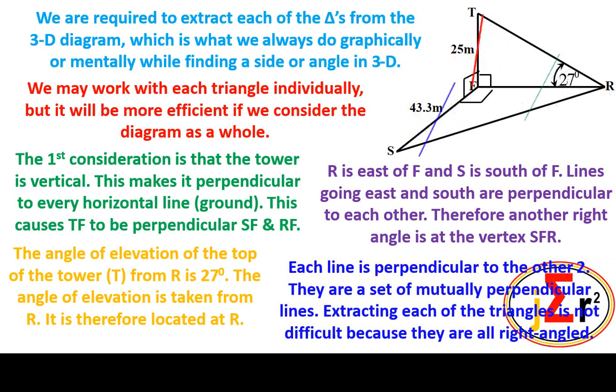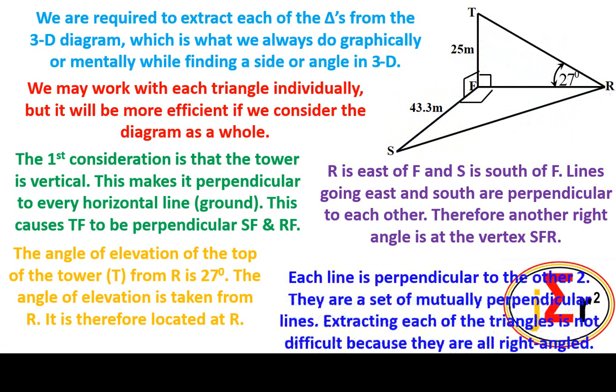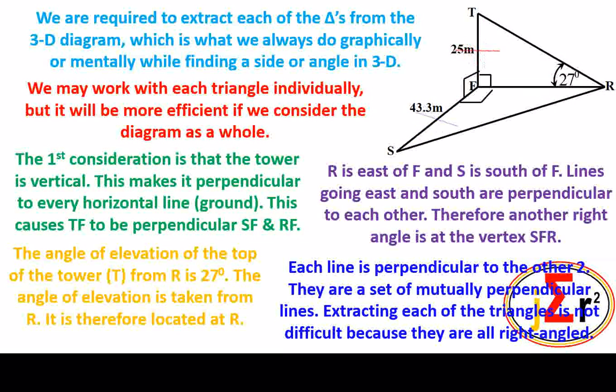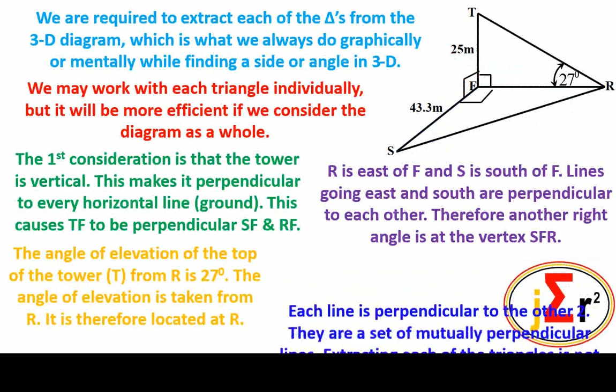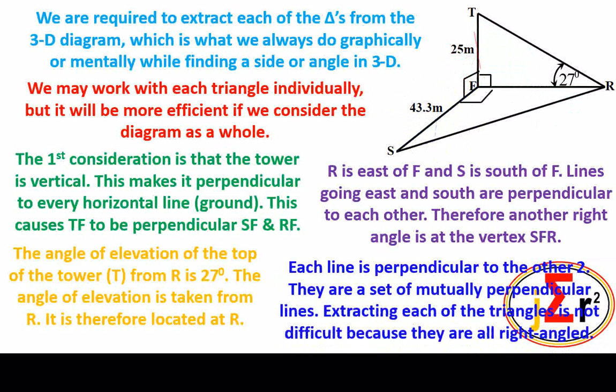Each line is perpendicular to the other two. They are a set of mutually perpendicular lines. Extracting each of the triangles is not difficult because they are all right-angled triangles.